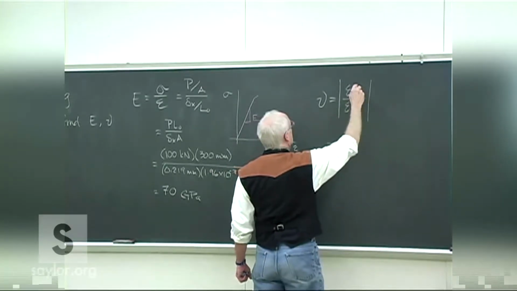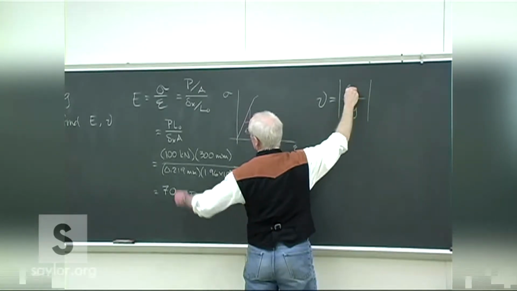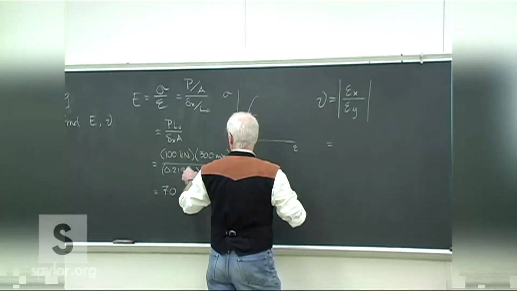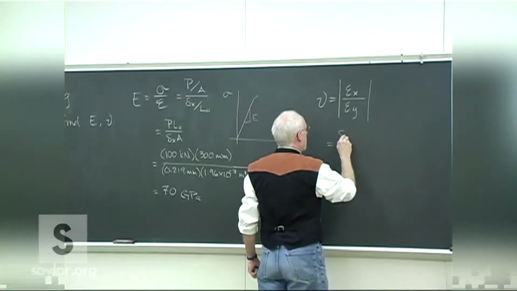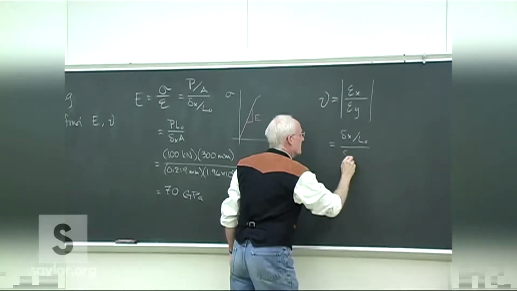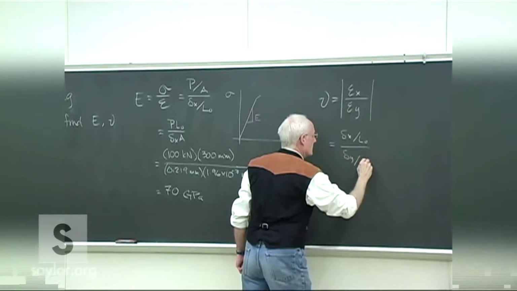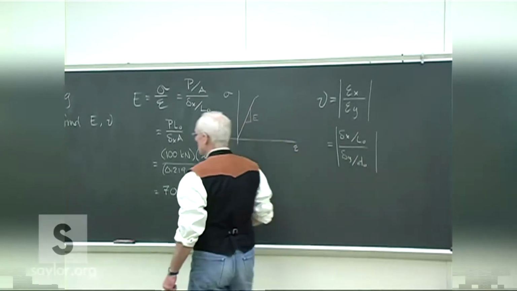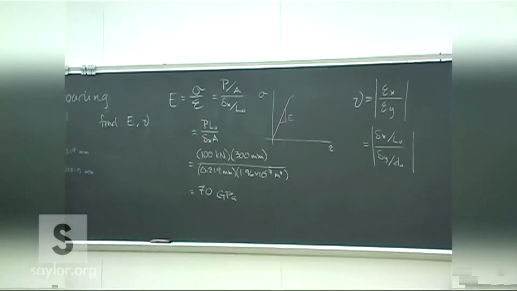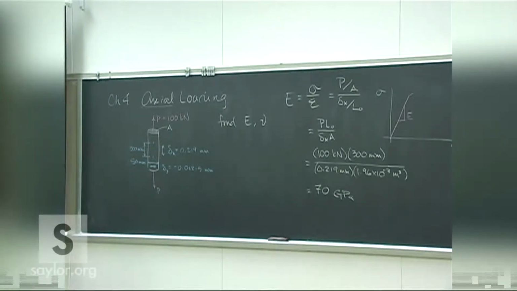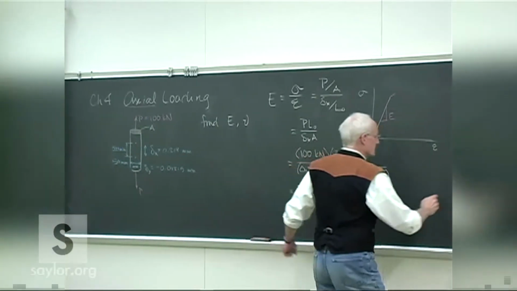The normal or axial strain, we've already got here, didn't calculate it separately, but we've got the two pieces there. And then the lateral strain, where dO can be this original diameter. And we've got all those numbers, they're just there on the board.